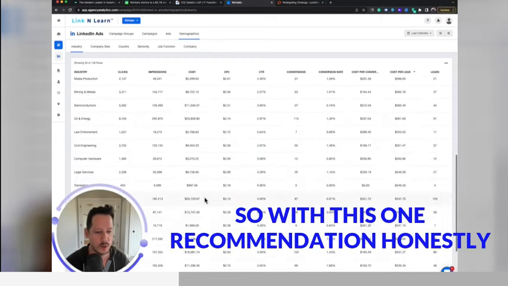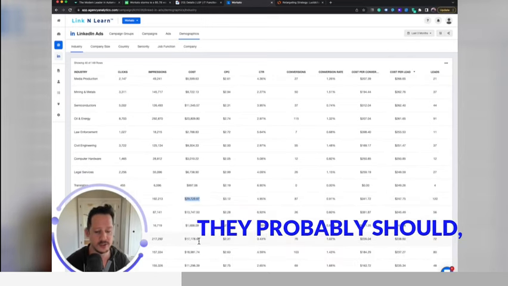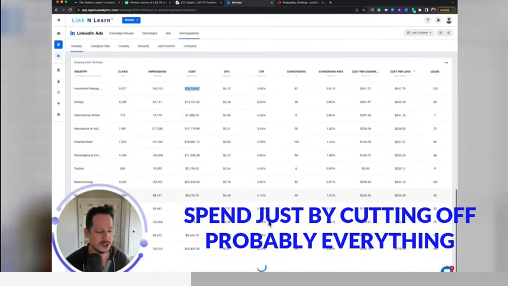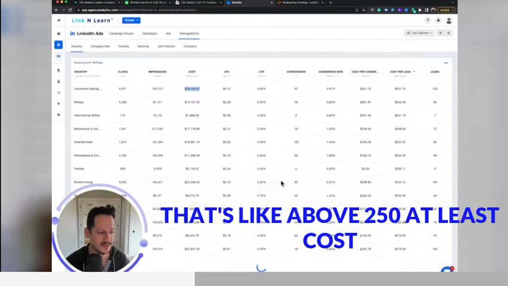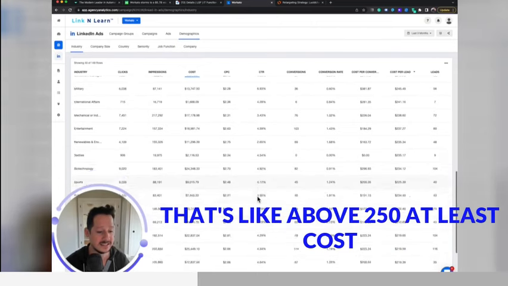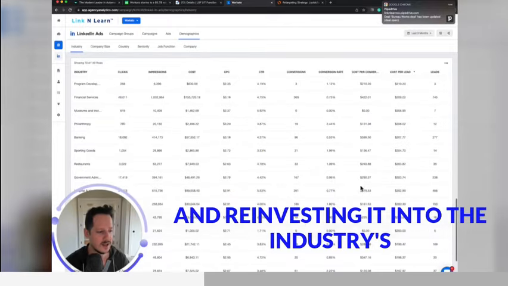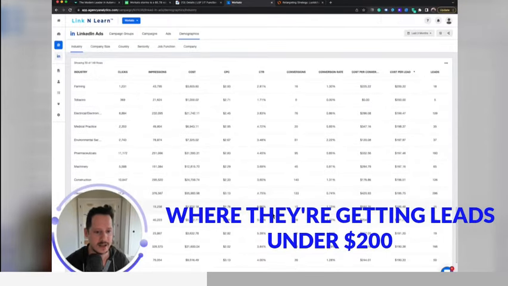So with this one recommendation, honestly, they could get the same amount of leads next month for $100,000 less spend just by cutting off probably everything that's above 250 cost per lead at least, and reinvesting it into the industries where they're getting leads under 200.